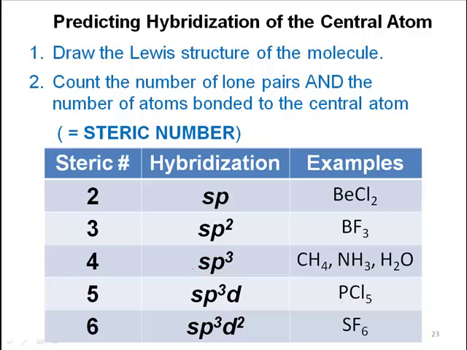If your steric number is 3, sp2, boron trifluoride, trigonal planar shape. Steric number 4 is sp3, which is tetrahedral shape. And then sp3d and sp3d2 are the other hybridizations.